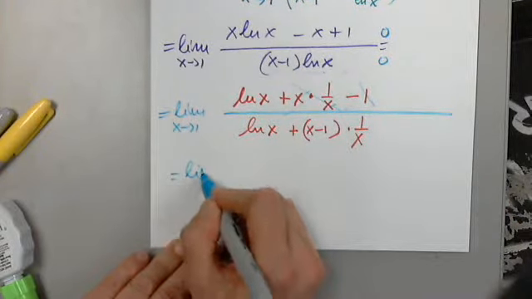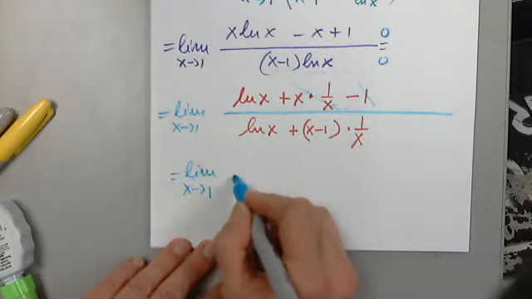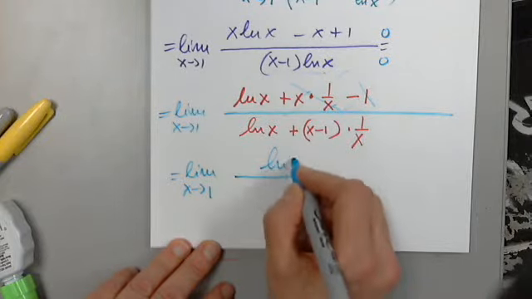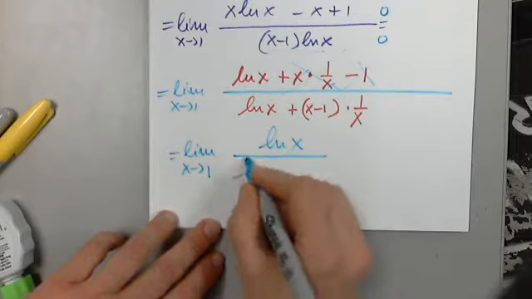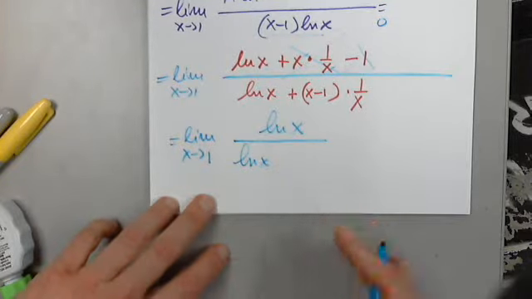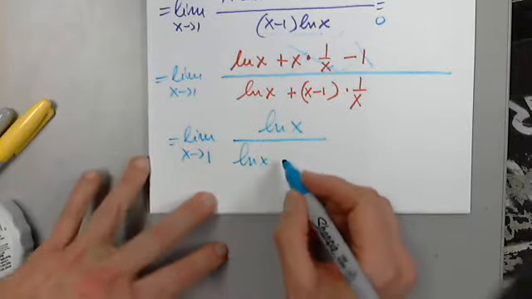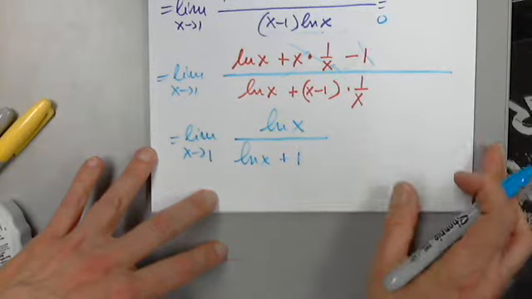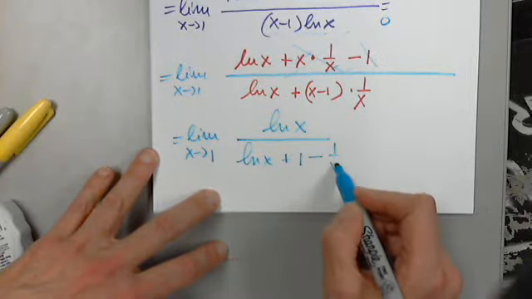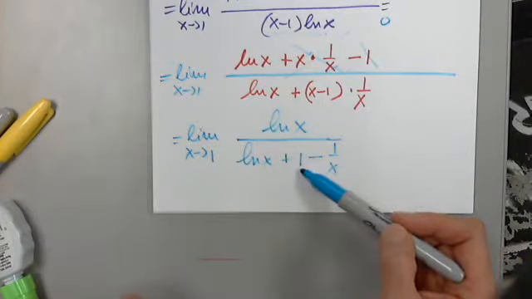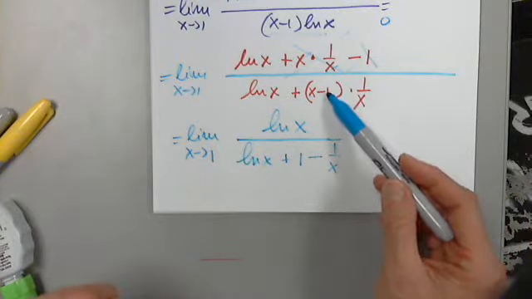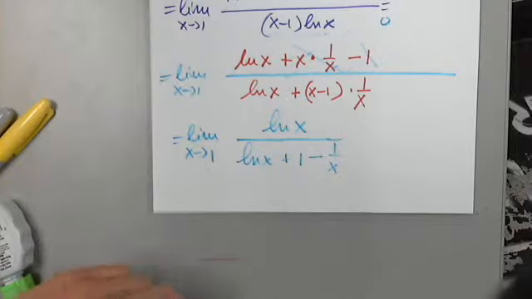So then the limit as x approaches 1 has natural log x at the top. The denominator has natural log x. Now I have to distribute, and I have positive 1 minus 1 over x. I distributed 1 over x to x, and I got 1. And I distributed 1 over x to negative 1, and I got negative 1 over x.